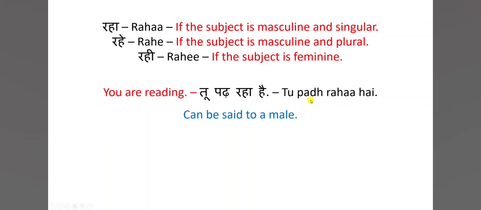We have selected raha for ing, assuming that we would be saying this sentence to a male. So, we can say this sentence to a male, single person. Okay? Since the subject you here refers to a single male, we have selected raha for ing.